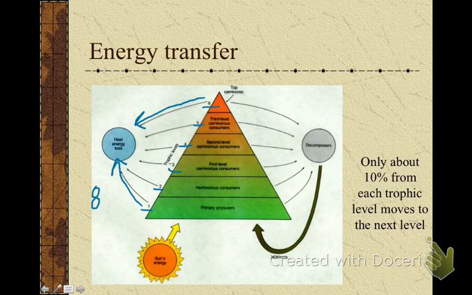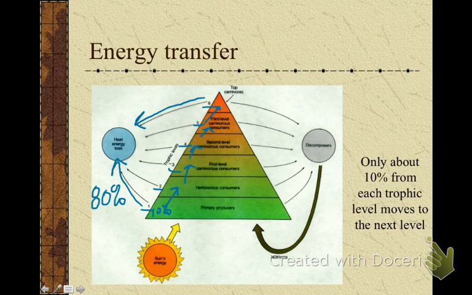About 80% is lost as heat. 10% the actual organism consumes and uses. And then the other 10% is what gets transferred to each level, and so on through each level.